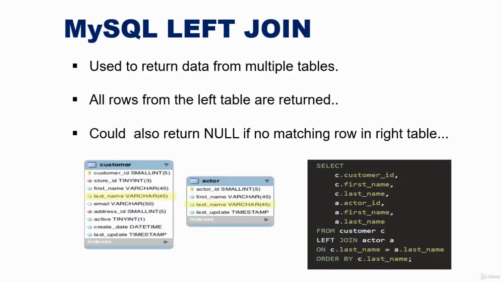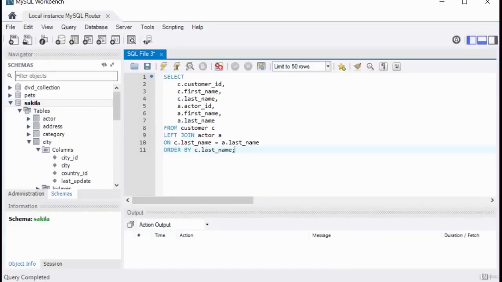Then we are getting the data from the customer table, and we're doing a left join on the actor table. The fields we're joining are the last name from the customer table to the last name of the actor table, and then we're going to order the result using the order by clause. I'm going to order it by the last name.